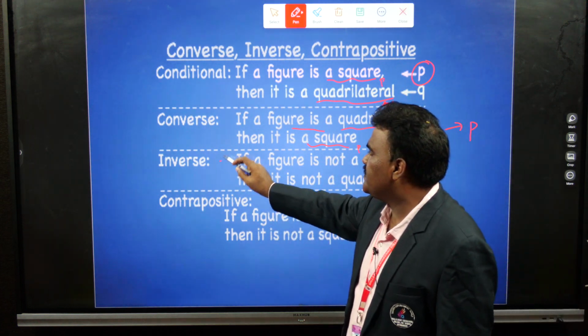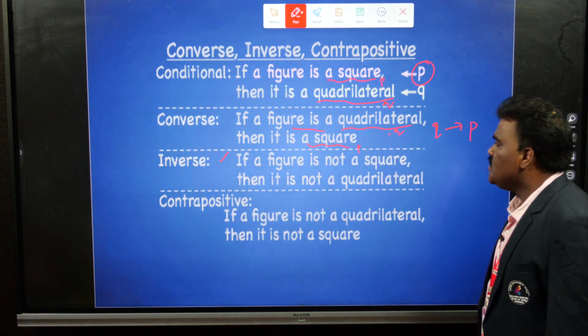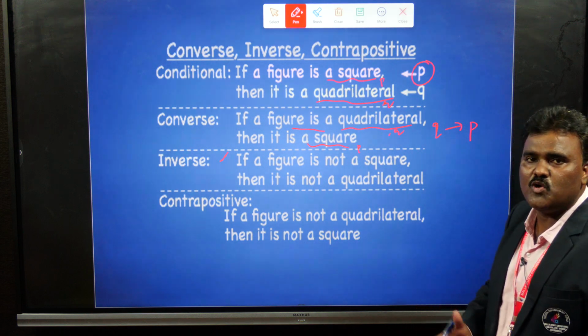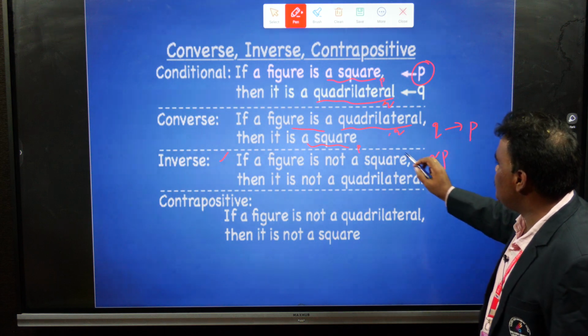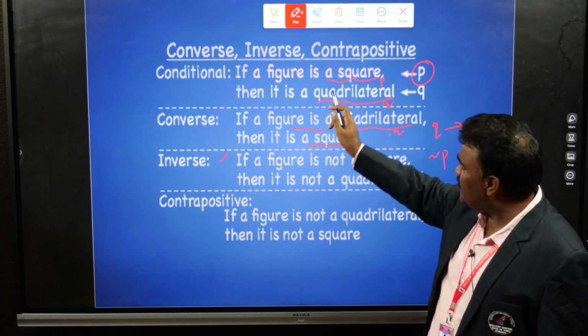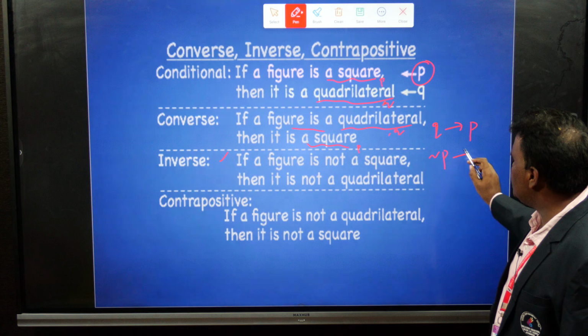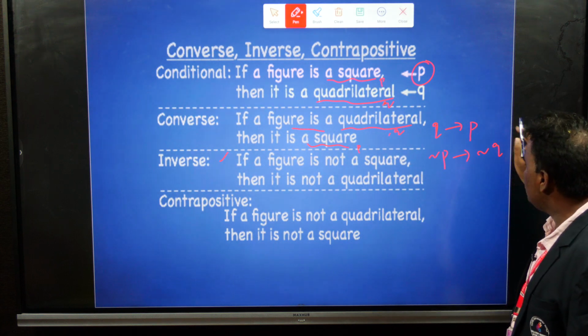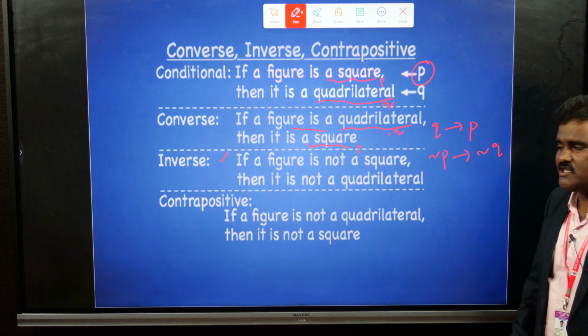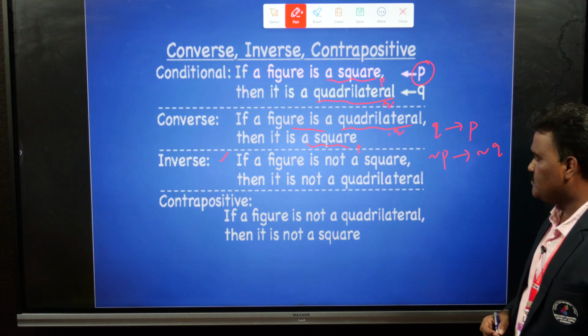Next, inverse. Inverse in the sense, simply you have to give the negation on both statements. That is negation of P. What is P? Square. That means if a figure is not a square, then it is not a quadrilateral. That is called inverse. Next, contrapositive.